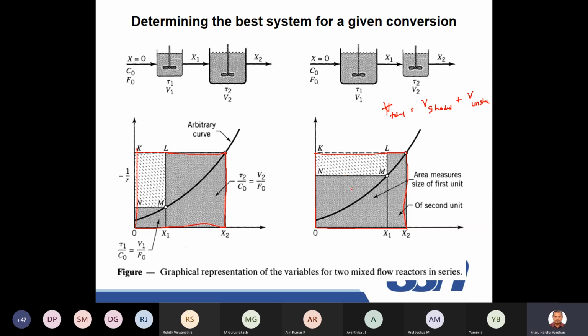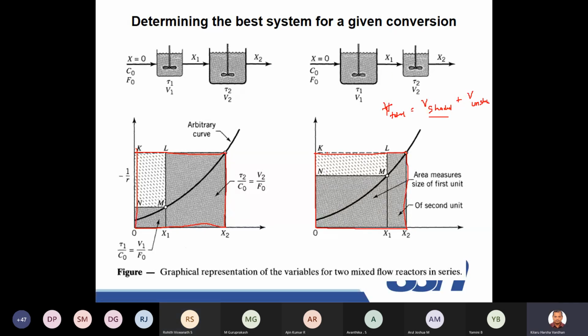Now to have less volume, what should we have? Should shaded be more or should unshaded be more, to have less volume? Unshaded should be more, because if shaded is more, that means this combination is not good.